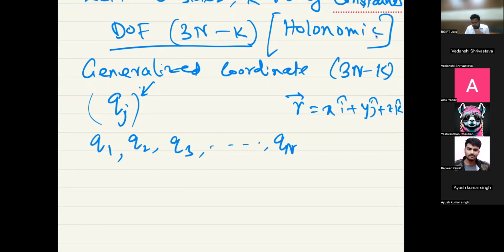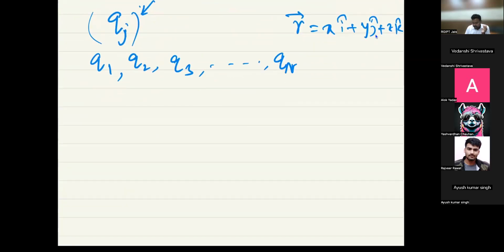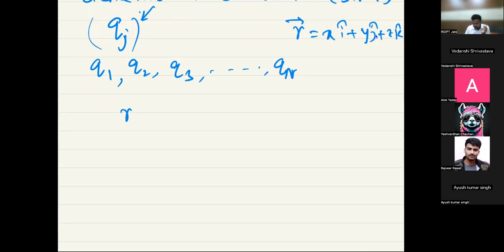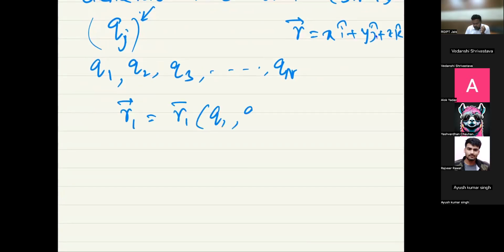And there is always a relation between this Cartesian coordinate system or the old coordinate system that we knew so far, either Cartesian, polar, or spherical polar coordinate system, and this new generalized coordinate system. So you can write one in terms of the other. Let's say r1 is the position vector, so that you can express in terms of generalized coordinates q1, q2, q3, and let's say there are 3n minus k degrees of freedom.